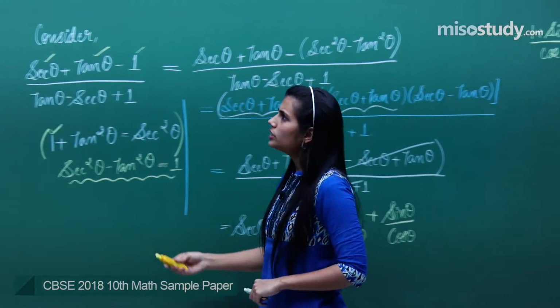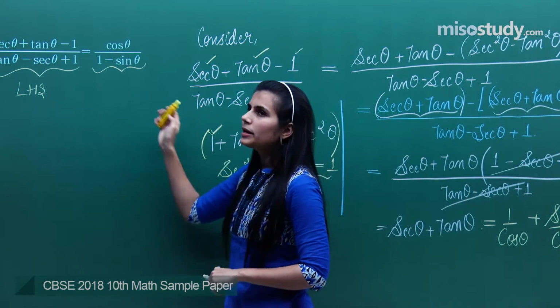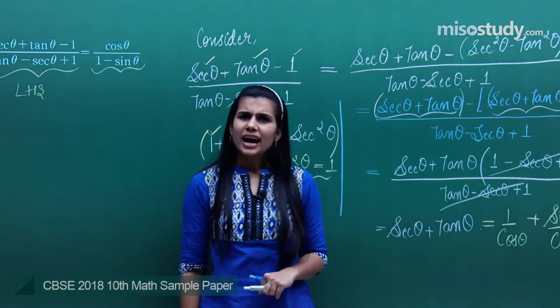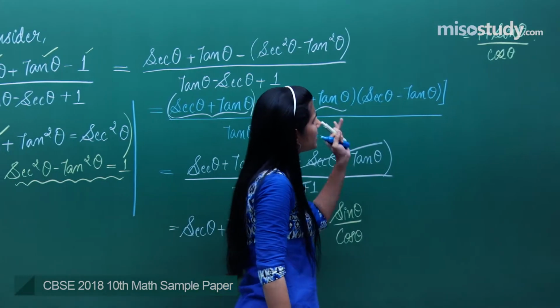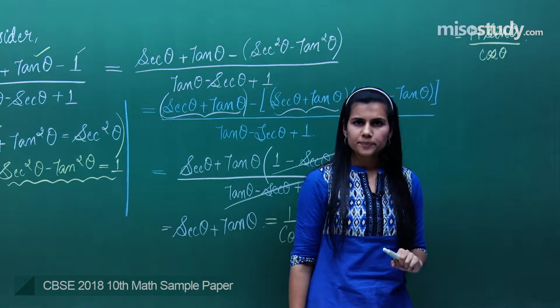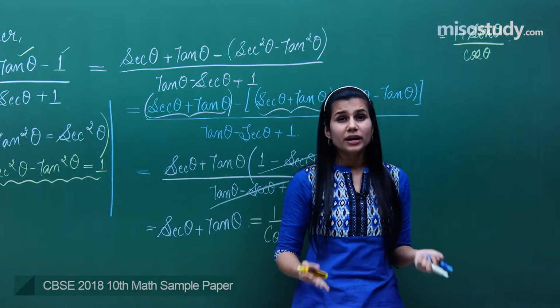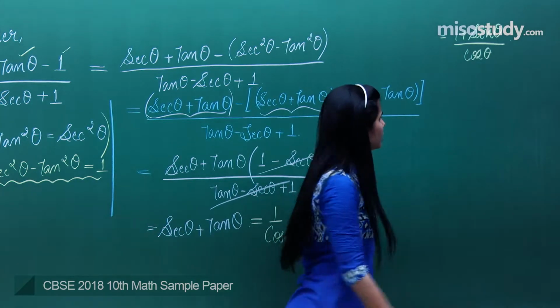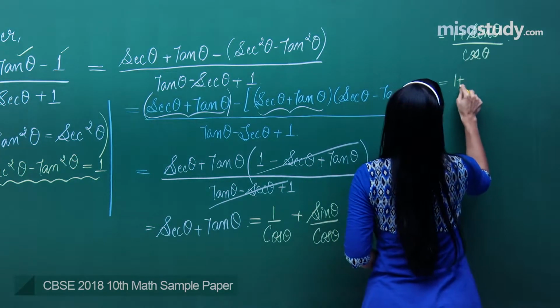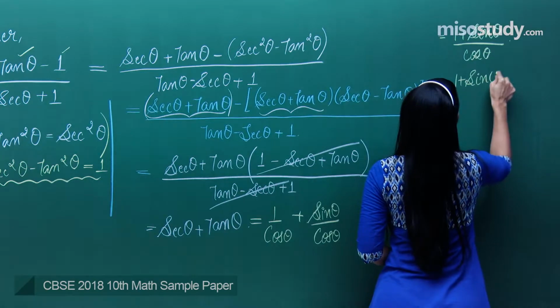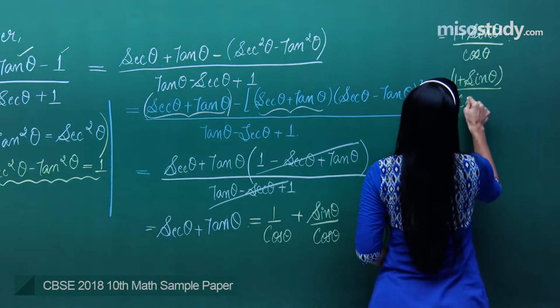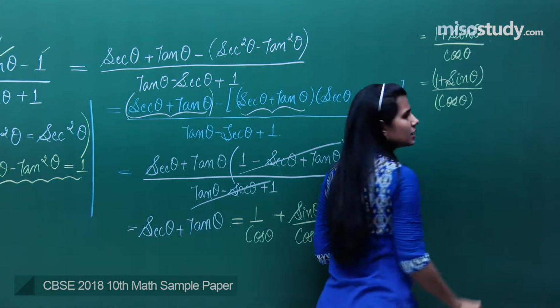Do you want this? Well, I want cos theta upon 1 minus sin theta. I don't want 1 plus sin theta upon cos theta. In the denominator, I want 1 minus sin theta. So let's do something. You have this with you, right?